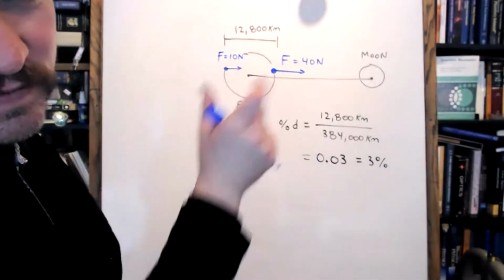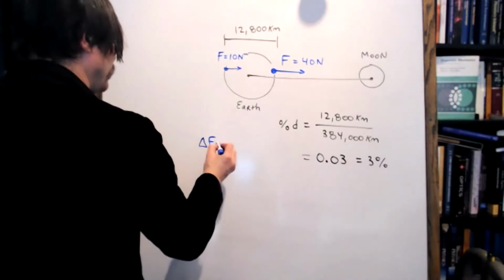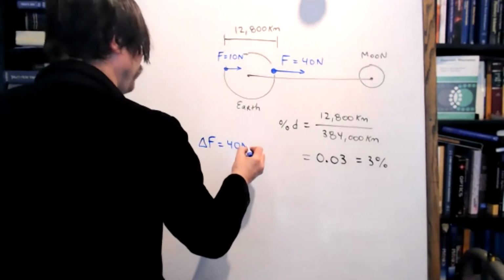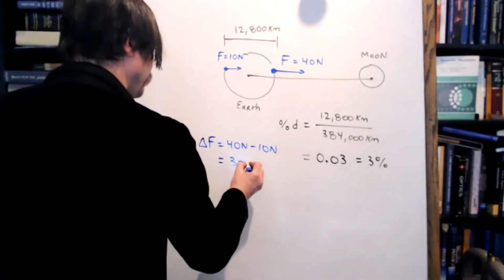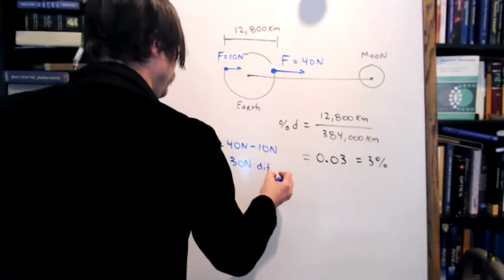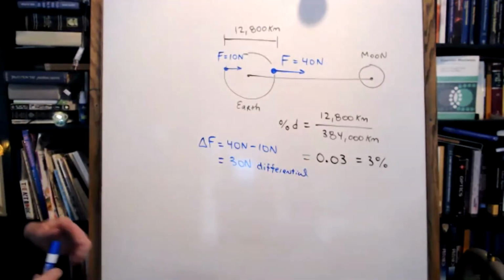A slight difference in force. Then the tidal force that the Earth will experience is 40 newtons minus 10 newtons, a 30 Newton differential acting across its body.